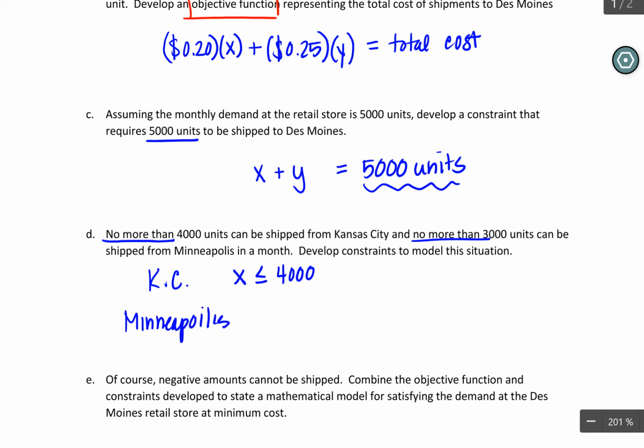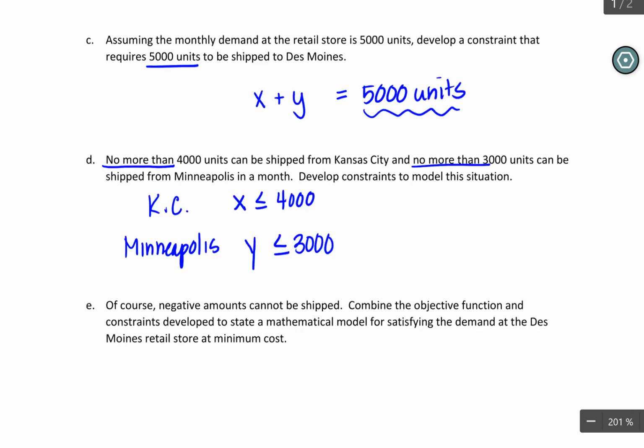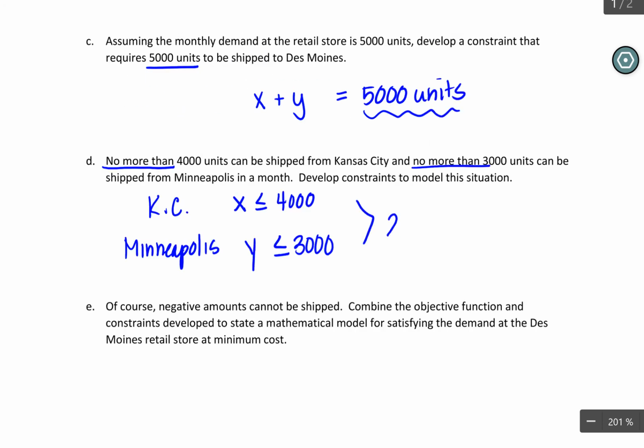Y has to be less than or equal to 3,000. No more than 3,000, or a max of 3,000, can come from Minneapolis. So now, sorry about that, we have our two constraints based on what we can get from each of the two cities.